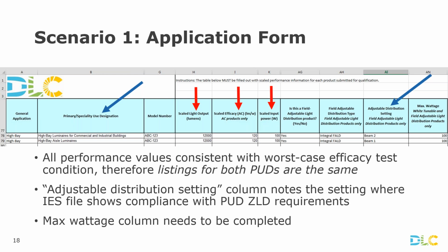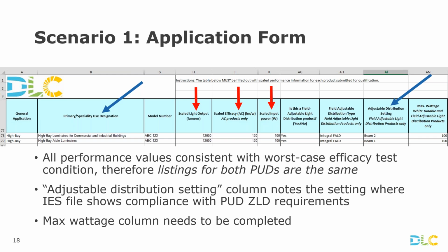The second, the blue arrows that are at an angle, are noting that the column for AI, the adjustable distribution setting column, would need to note at which setting the IES file was provided, demonstrating that the product met the ZLD requirements for that primary use designation.